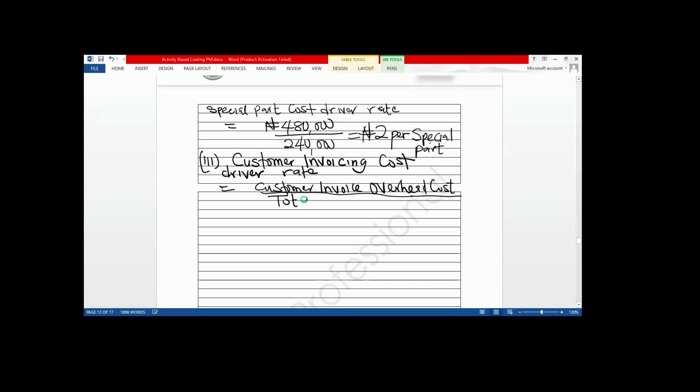So I'm going to get total number of invoices. So the two products we have, I want to get total number of invoices.